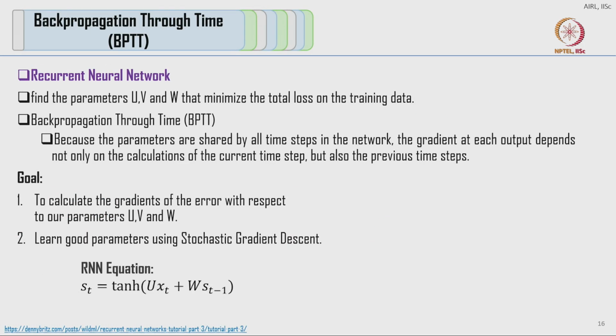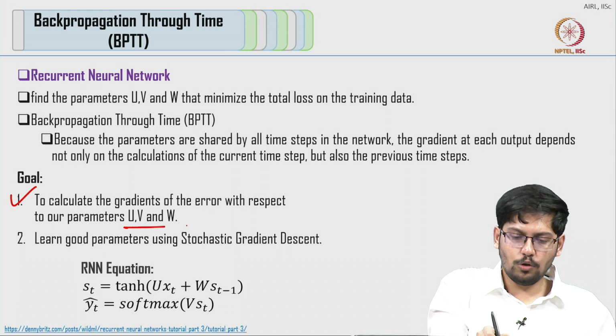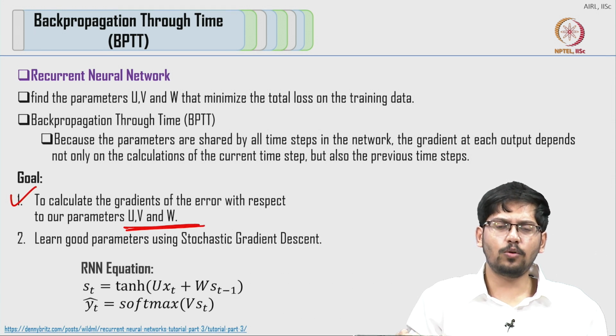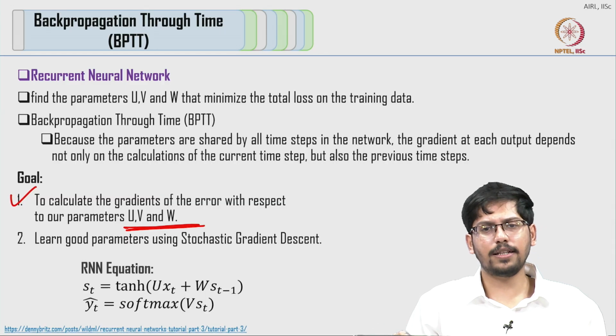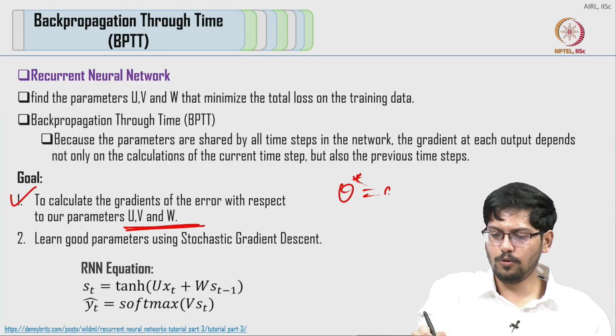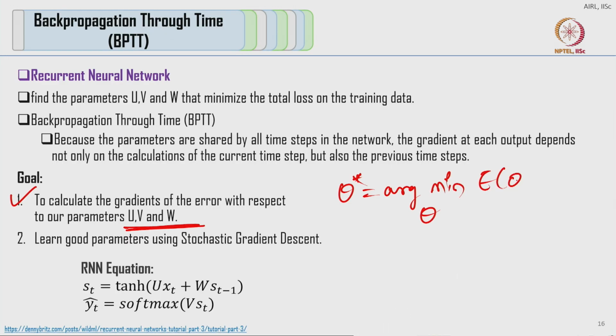Now our goal here is we want to calculate the gradients, which is we want to calculate the most optimal set of learnable parameters, and we can do it in a similar manner to what we did in the previous lecture, which is theta star equals arg min over theta of E theta.